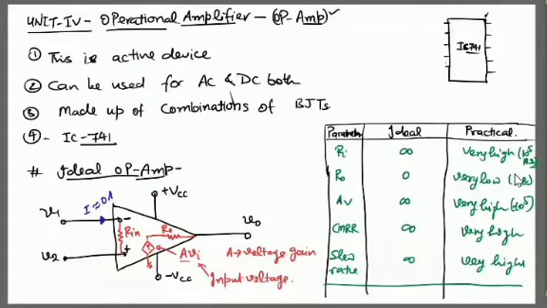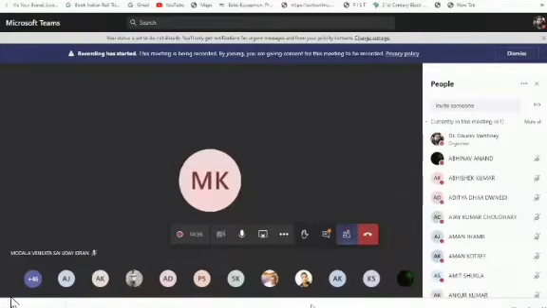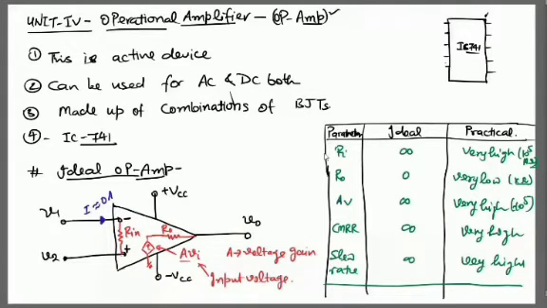Okay, and finally, what are CMRR and slew rate? CMRR stands for common mode rejection ratio. Okay, what is the common mode rejection ratio? Let me explain.